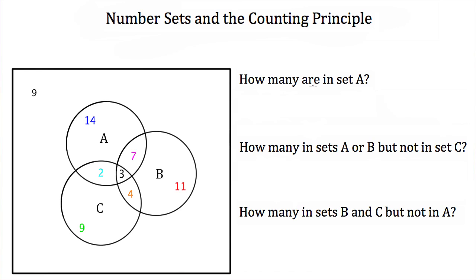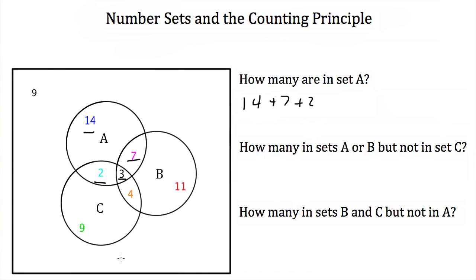So we're asked how many are in set A. Well, there are the 14 that are in set A, but there are also 7 that are in set A and B. Well, these are still in set A. So we'll add them to the other 14. There's also these 2 here that are in both sets A and C, but they're still in set A, so we can add the 2 to there.